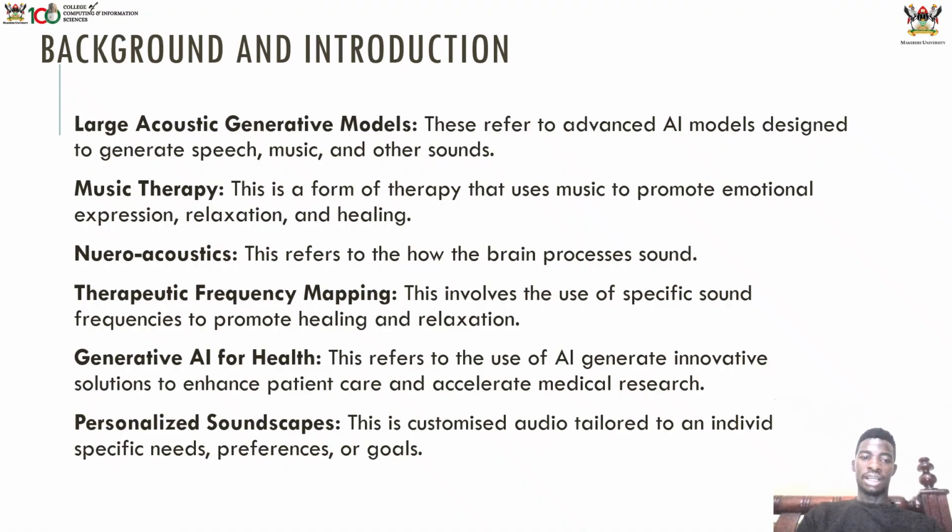Then we look at music therapy, a form of therapy obtained from music to promote emotional support, expression, relaxation, and healing. Then you have neuroacoustics, which refers to how the brain processes sound. And we have therapeutic frequency mapping. This involves specifying the sound frequencies which will promote healing or relaxation of the brain at different targets.